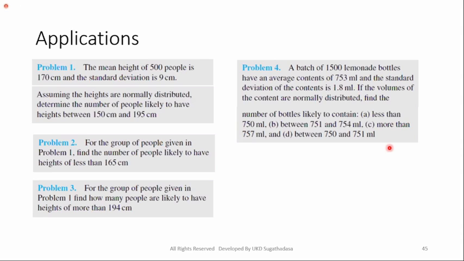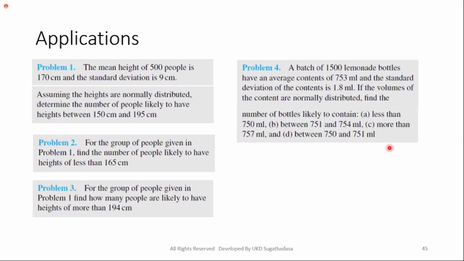Now take the difference. 0.1335 minus 0.0475, you get a very small value, 0.086. That's the probability of having a volume between 750 and 751.